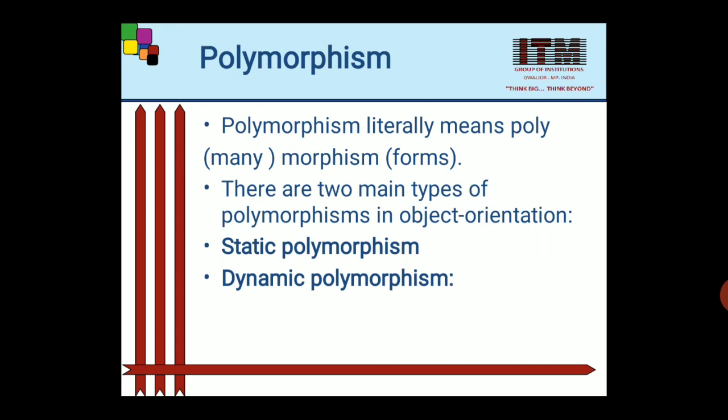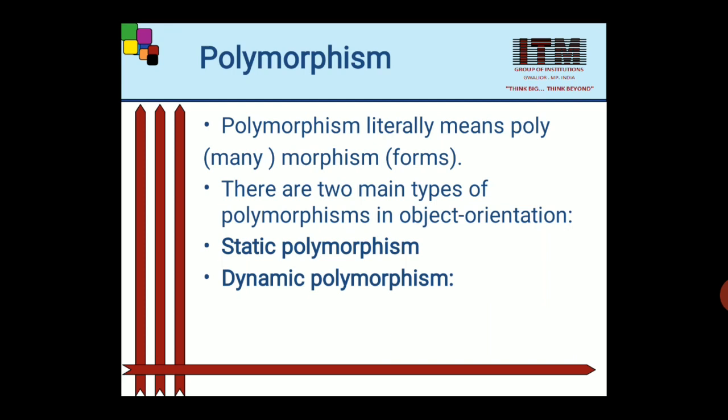There are basically two types of polymorphism in object orientation. By analogy, in object oriented programming, polymorphism denotes that an object may respond very differently even when the same operation is invoked on it, depending on the exact polymorphic object to which the call gets bound. Here we discuss the two types of polymorphism: static polymorphism and dynamic polymorphism.